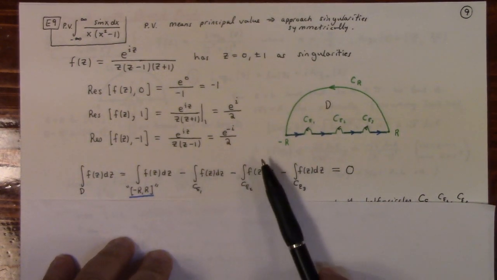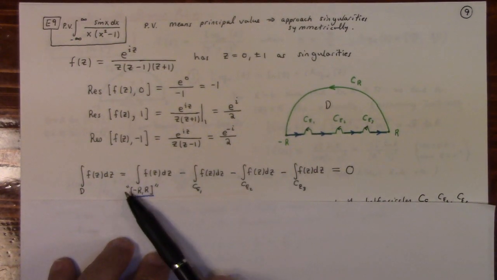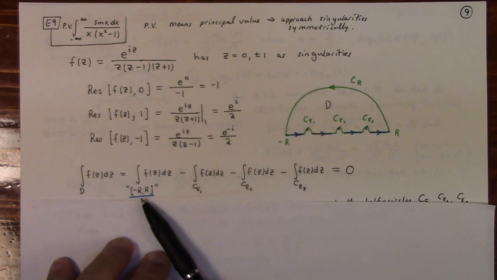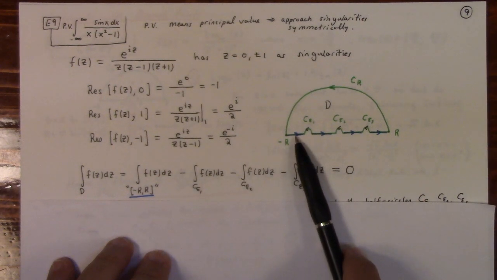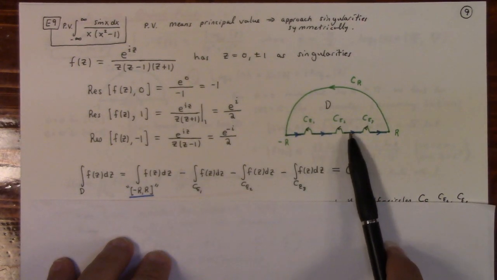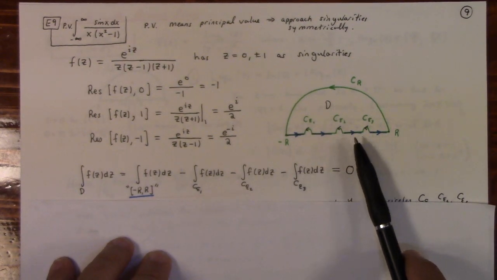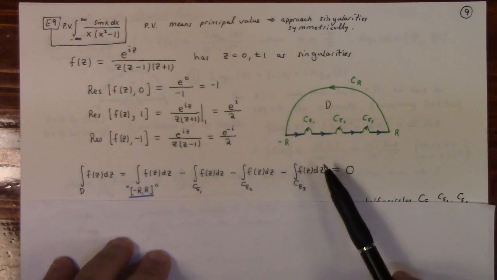And I'm using minus r to r in quotes as a hack notation for this line segment, this line segment, this line segment, and that line segment all unioned, because I don't want to invent 4 names and write 4 integrals.